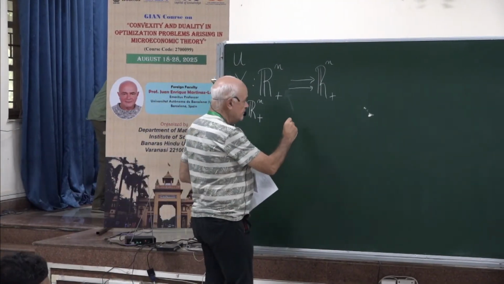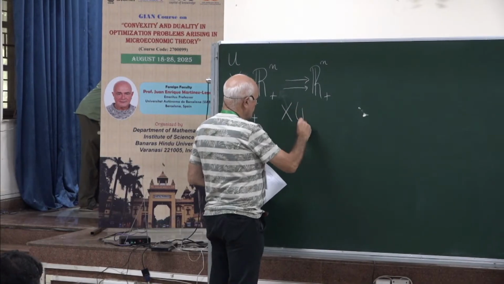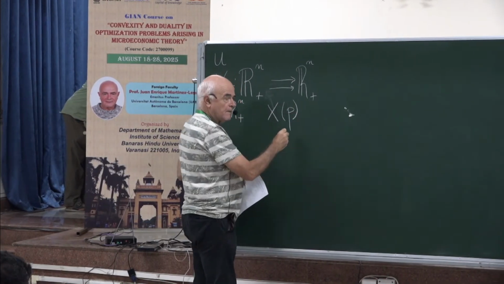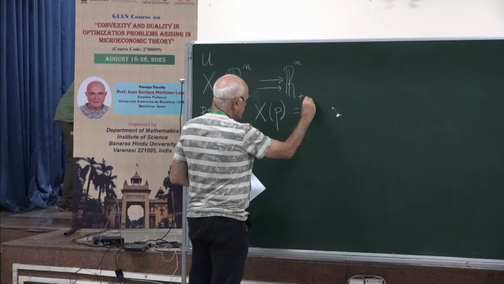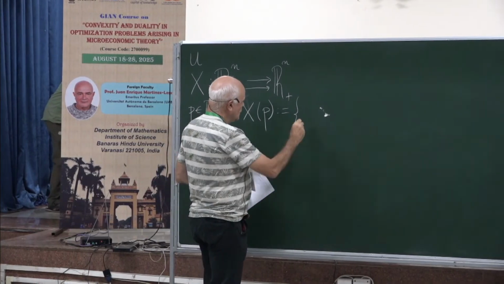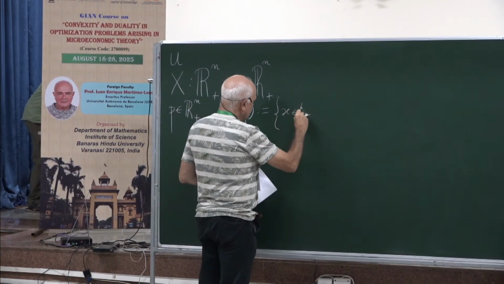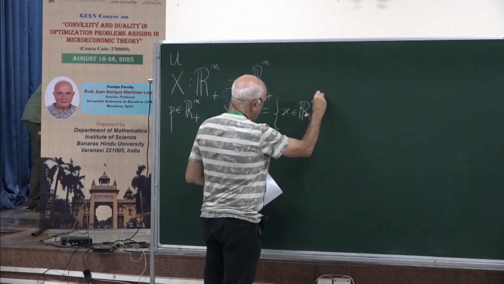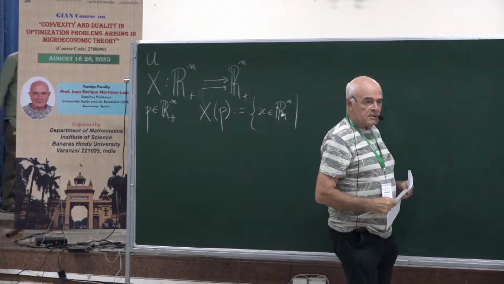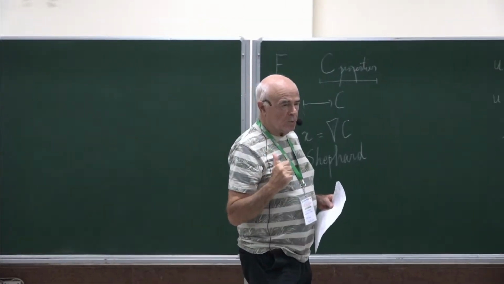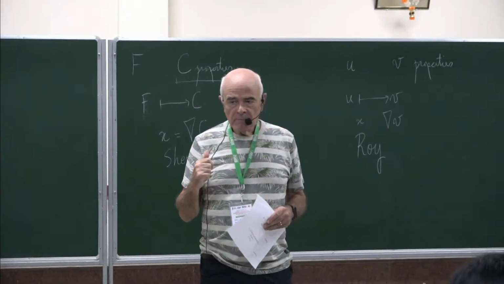So for p in R plus to the n, X of p is by definition the set of x in R^n which are affordable under these prices p.